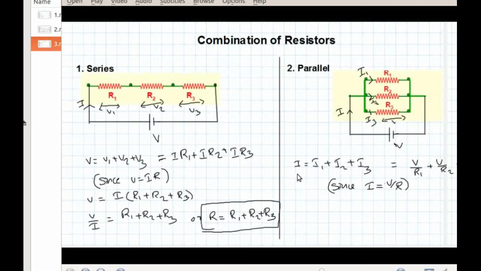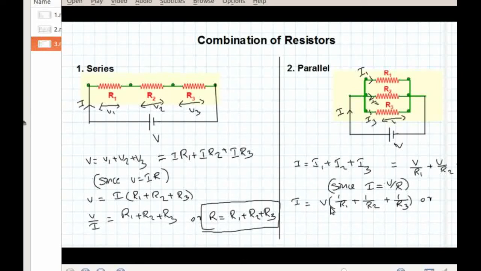Now again you can rewrite this equation, here you can see V is a common factor. Therefore I is equal to V into 1 by R1 plus 1 by R2 plus 1 by R3. Now we can take this V to the LHS or left hand side.